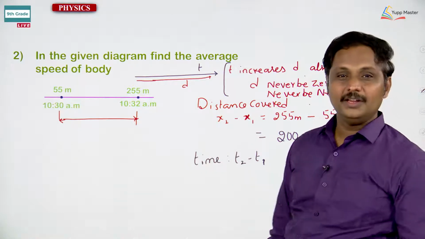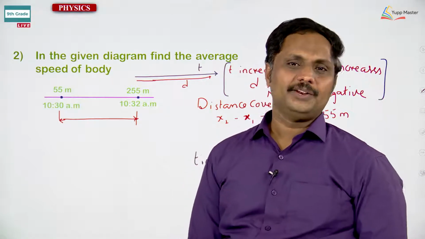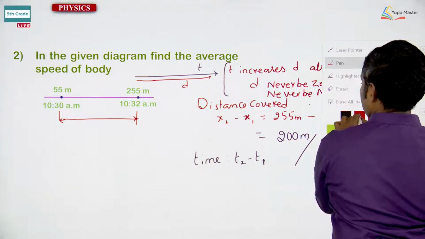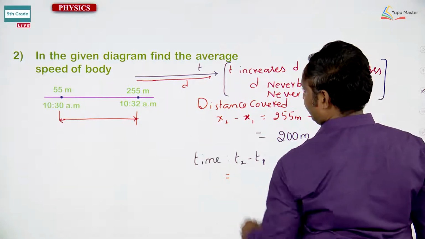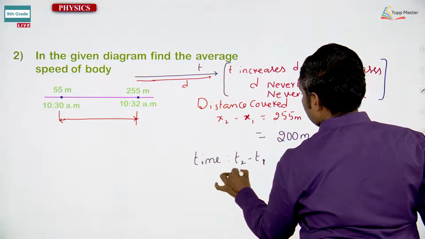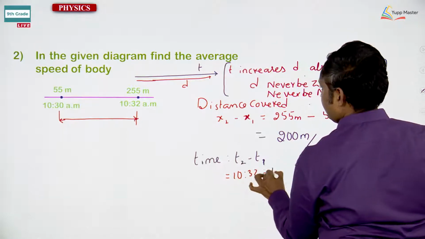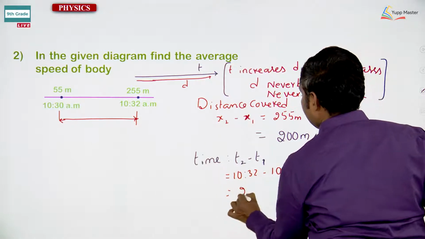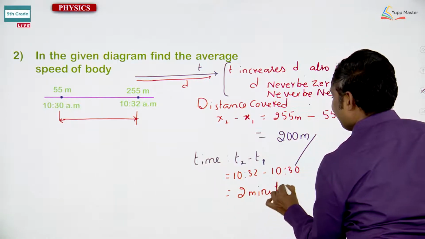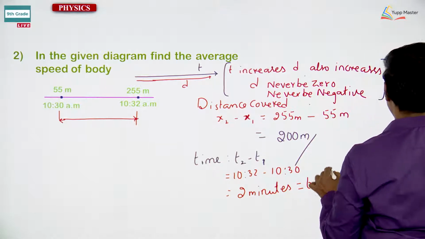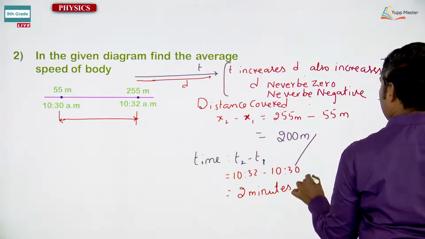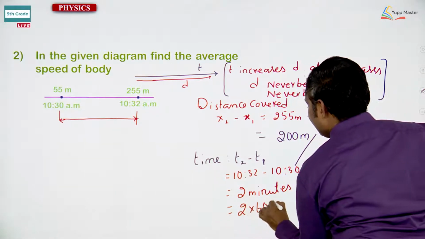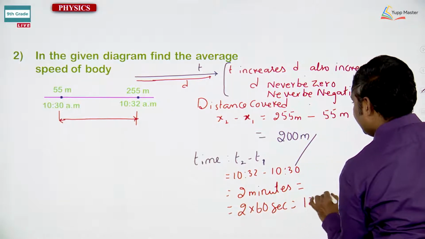Speed never be 0, never be negative. Right, we will take that. Time is equal to 2 minutes. You will take that 2 into 60 seconds, that is 120 seconds.